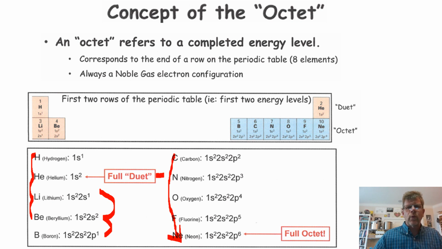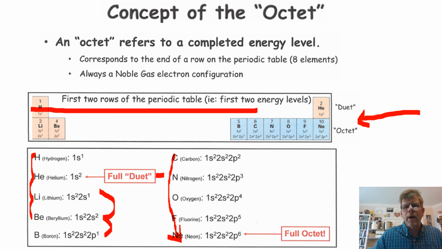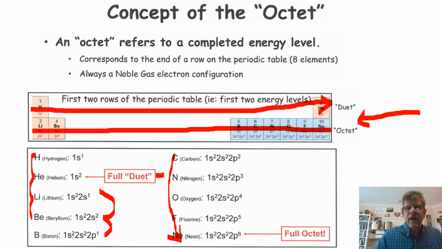So it's just two different ways of looking at it. I prefer the way up here, this cleaved off portion of the periodic table, because it clearly shows that when we finish a row on a periodic table, we are completing an energy level, n equals 1, n equals 2, and so on.